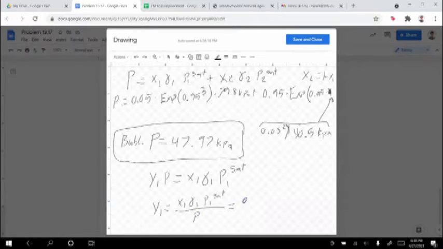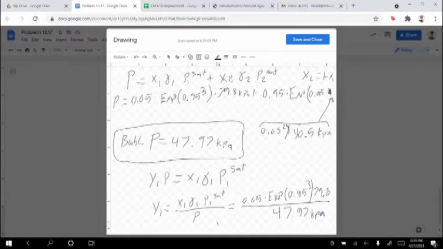So it's 0.05 multiplied by exp of 0.95 cubed multiplied by our saturation pressure for species 1, which is 79.8 kilopascals, divided by our 47.97 kilopascals.